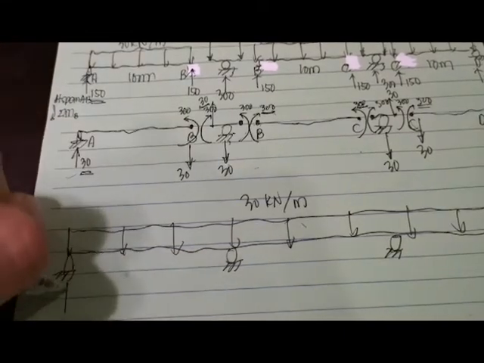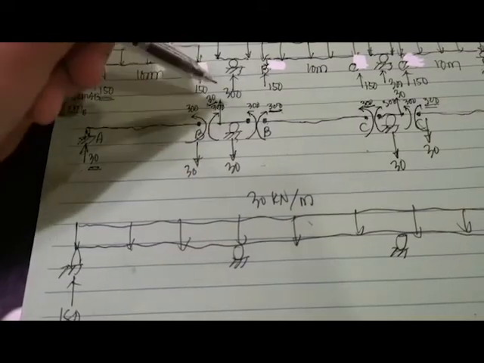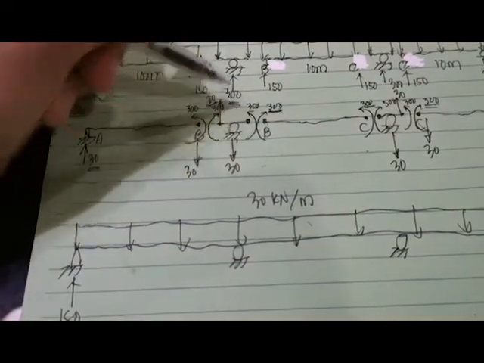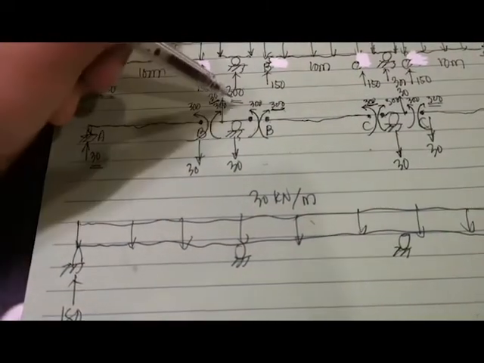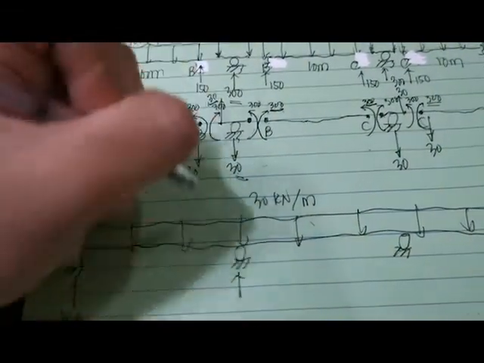So therefore this is equal to 180. Now next we have 300 upward minus 30.